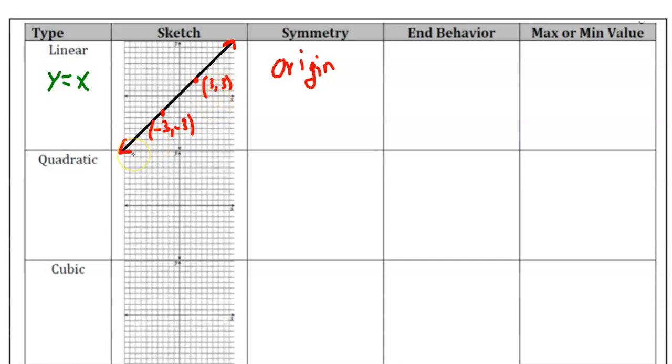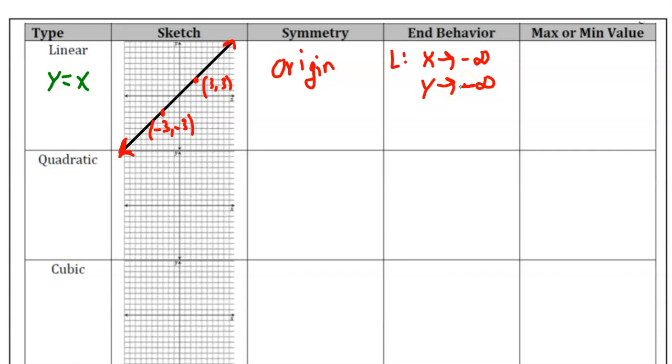Its behavior on the left side, over here, means as x approaches negative infinity, you'll notice right here, y is also going down. So y is also approaching negative infinity.